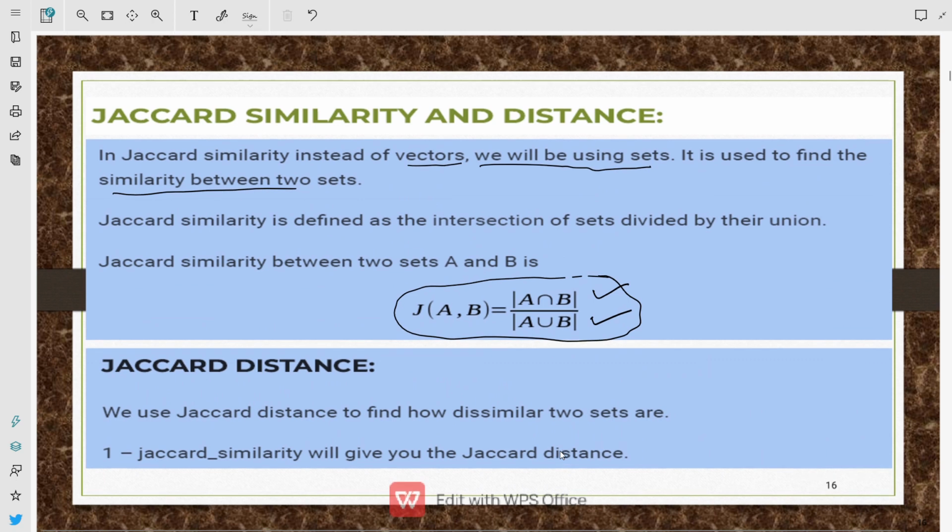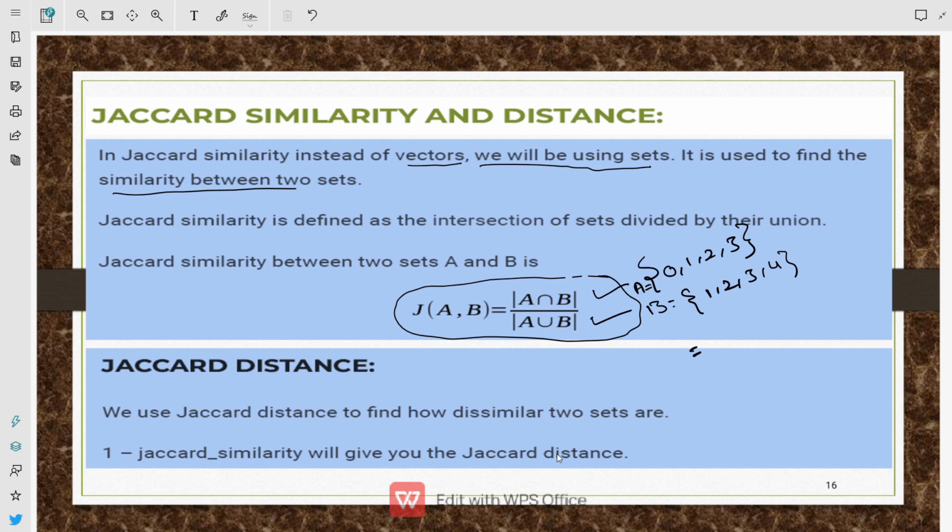Let me explain with one example. Assume that we have two sets A and B. A has 0, 1, 2 and 3, and set B has 1, 2, 3, 4. The intersection of these sets is the common elements in these two, and then the union.